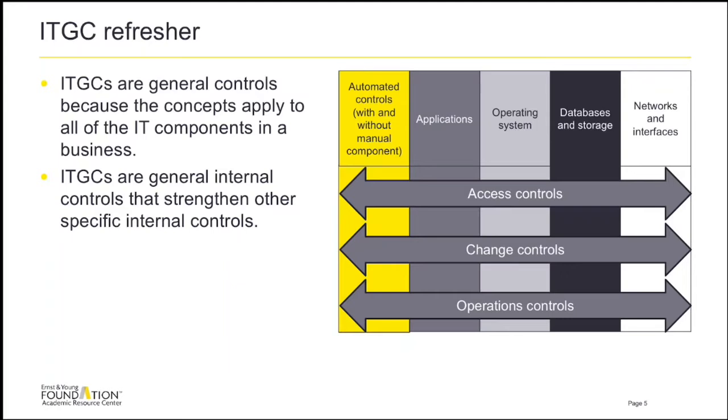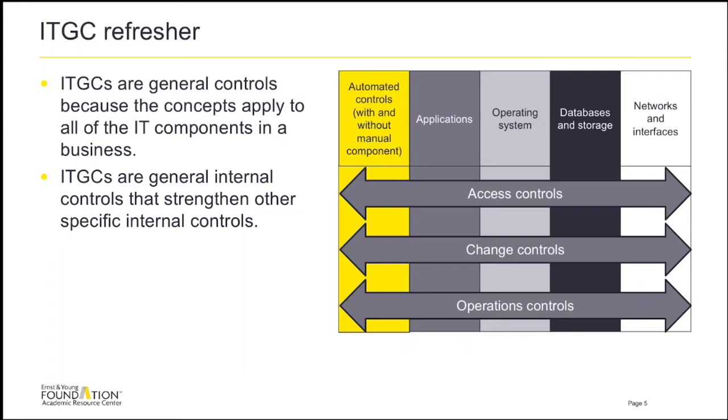So ITGCs, just to take a look back again to refresh our memories, ITGCs are general controls because the concepts apply to all the IT components of the businesses. So ITGCs are general internal controls that strengthen the specific internal controls.